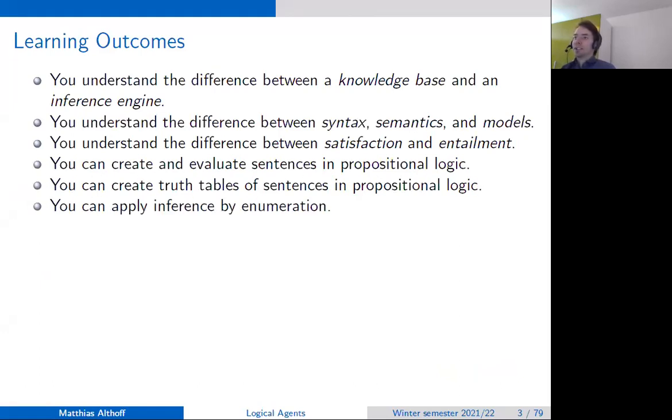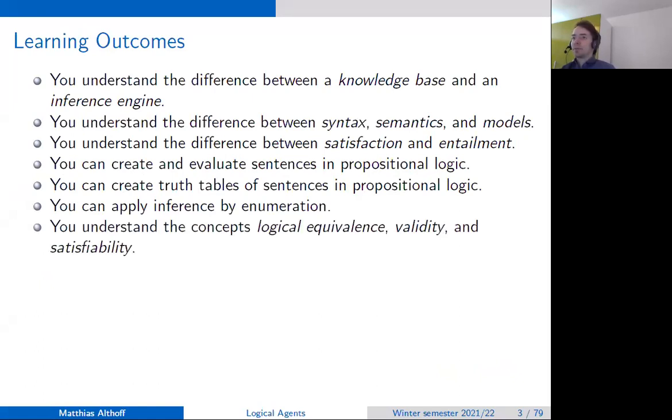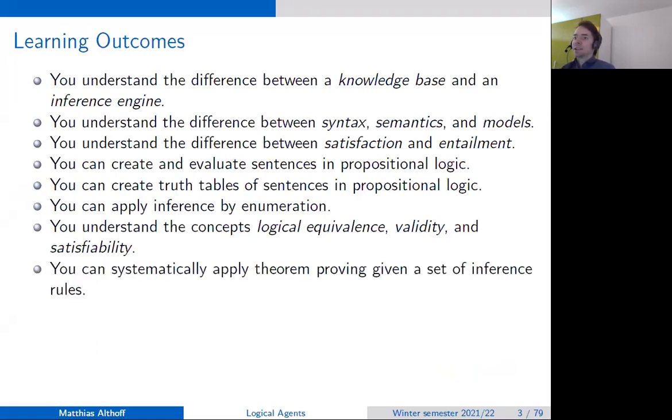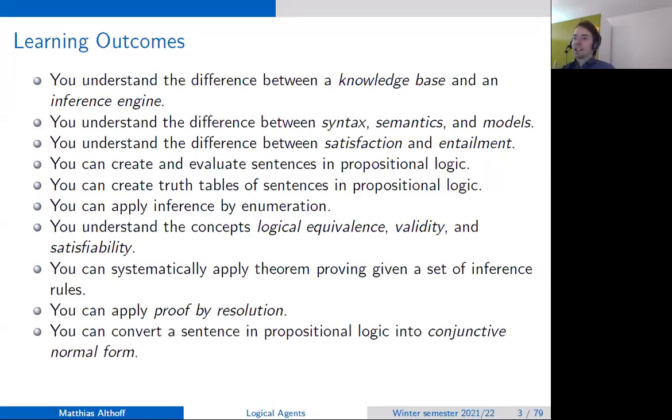You can apply inference by enumeration. You understand the concept of logical equivalence, validity, and satisfiability. This is something that maybe not everybody of you knows. And you can systematically apply theorem proving given a set of inference rules. So we will have a fully automatic method that can solve any theorem stated in propositional logic, which is really exciting. And you can apply proof by resolution, which is a specific technique.